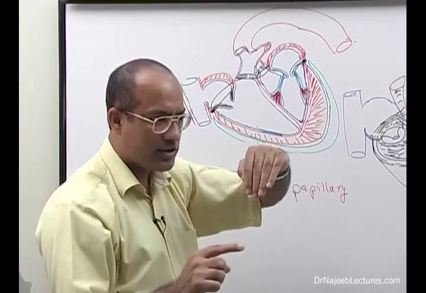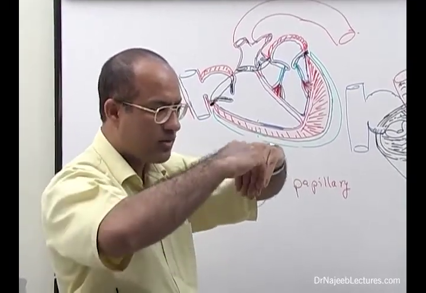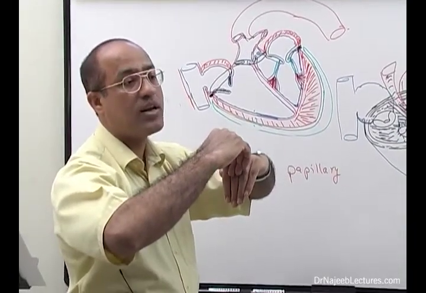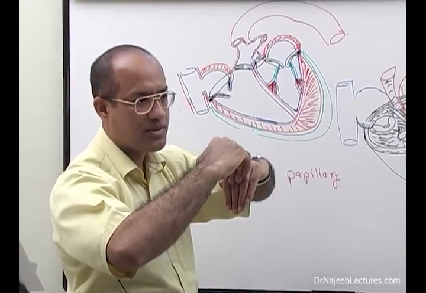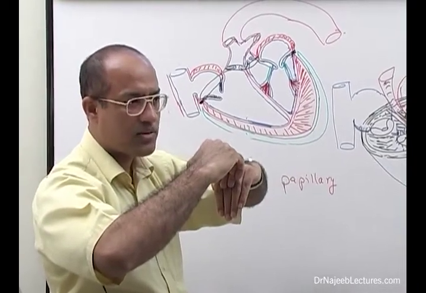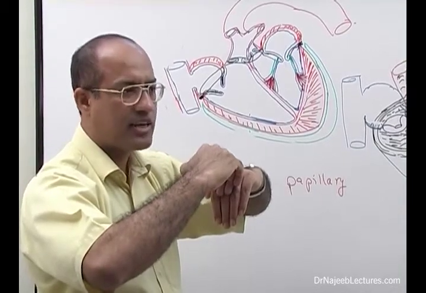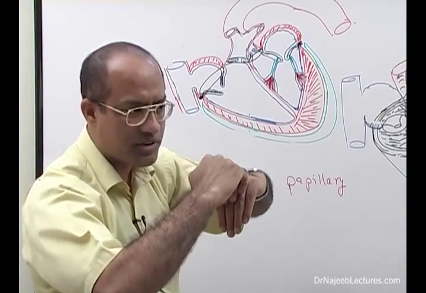But if the chorda tendineae or muscle is loose, it will move a little upward. This is called mitral valve prolapse, when there is undue ballooning of the cusps of the mitral valve into the left atrium.